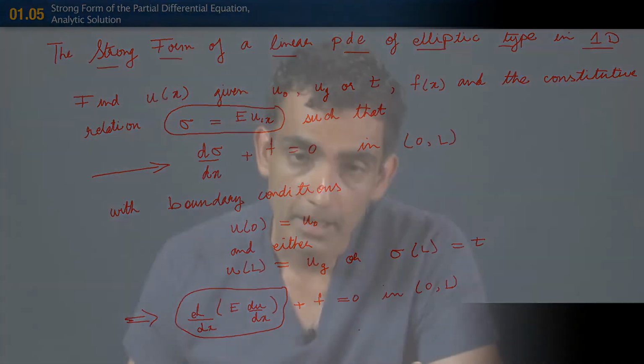As you may imagine, if U is not a terribly smooth function, if it has discontinuities and so on, or even worse, if it has delta functions, a Dirac delta function in it, there are certain difficulties we are going to encounter with taking two derivatives of it.